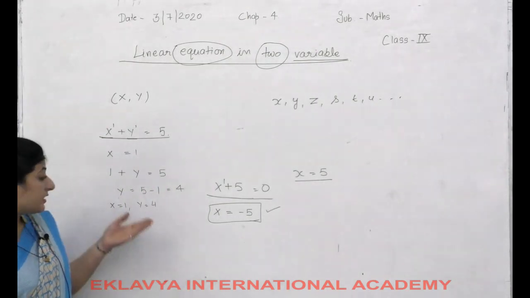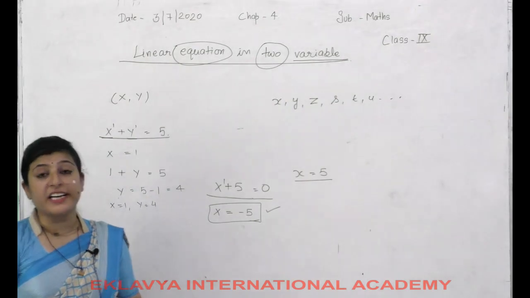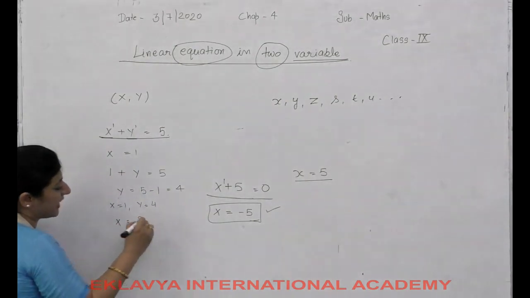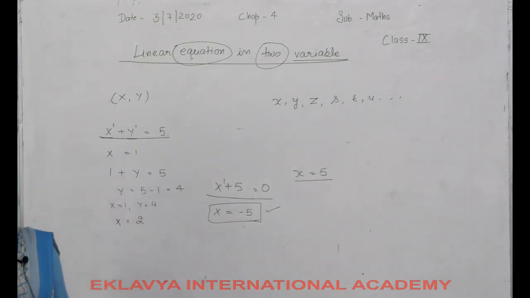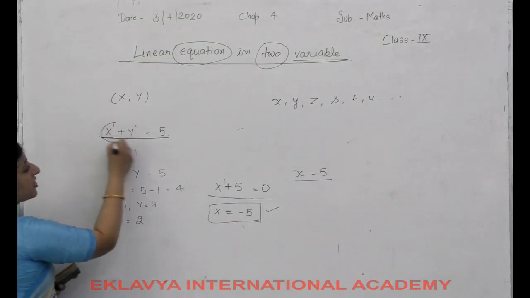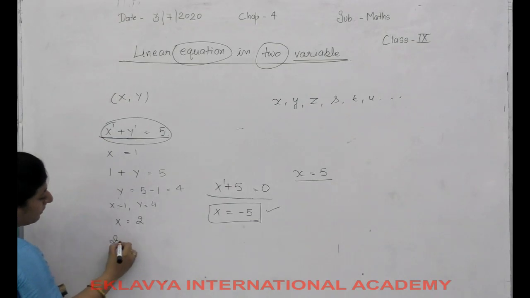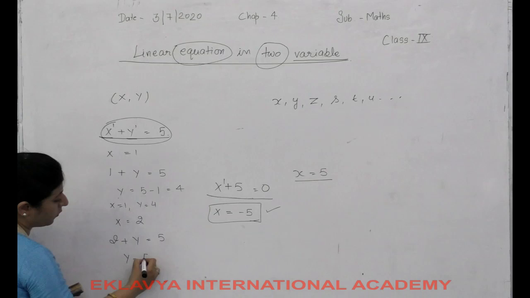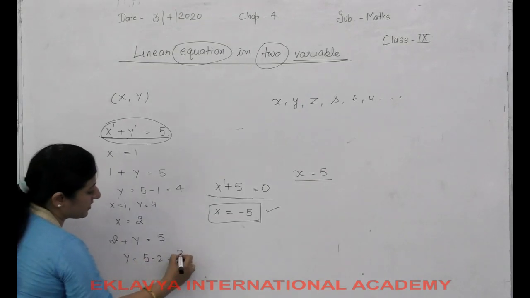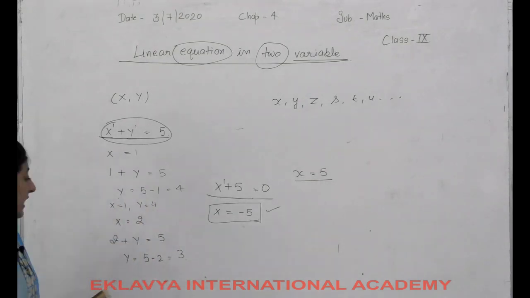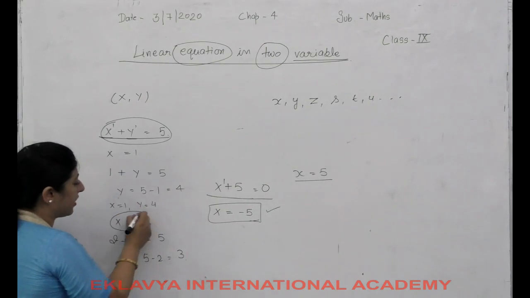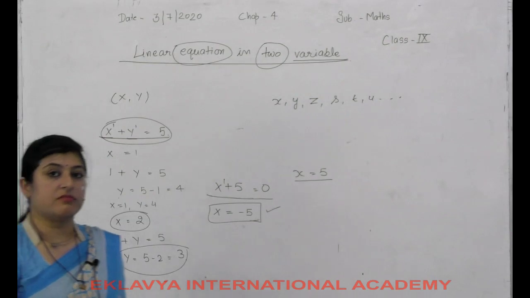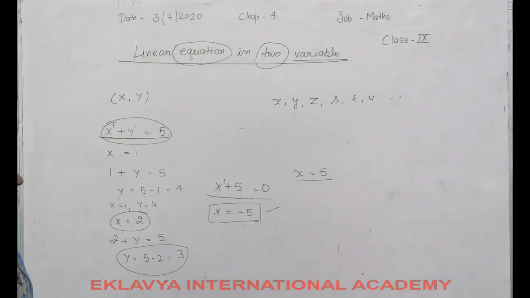Now check whether there is only one solution, or we can find more. Take any other value. Suppose I take x is equal to 2. Put in this equation: 2 plus y is equal to 5. y is equal to 5 minus 2 is equal to 3. It means for x is equal to 2, y is 3. This is also a solution of this equation.